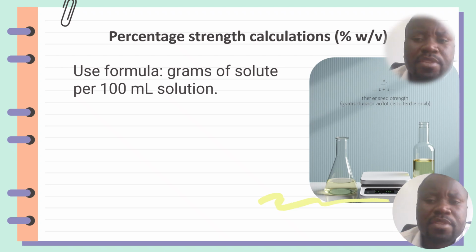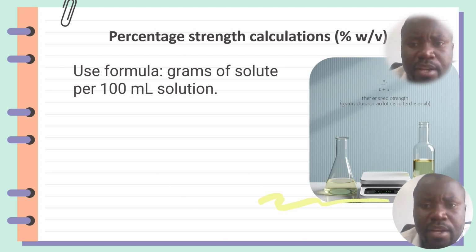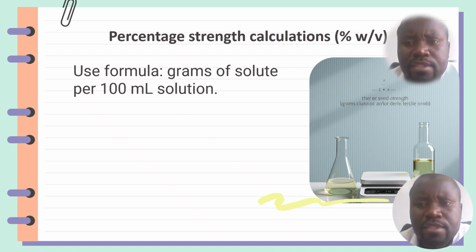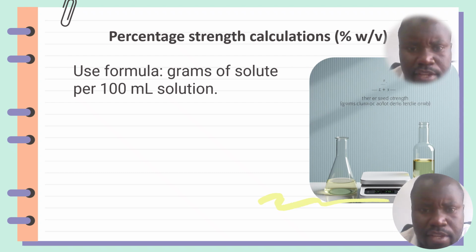The 100 is the percentage expressed there, the V implies that the product is liquid in form, and the W means that we are dealing with a solid that is weighed to be dissolved in the solution.